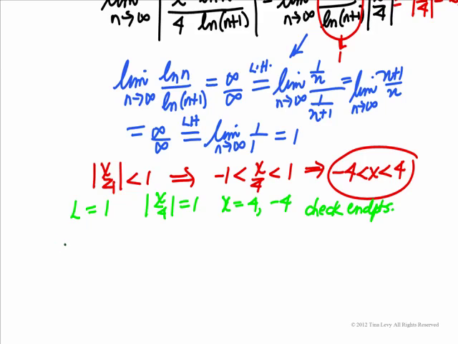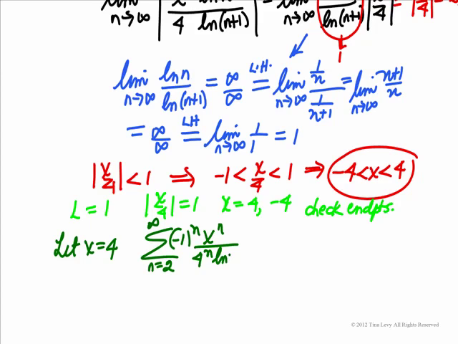I'm going to let x equal 4. So I'm going to substitute x equal 4 in the original series, which is (-1)^n x^n over 4^n log n.